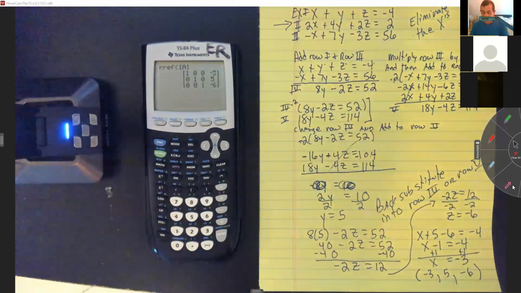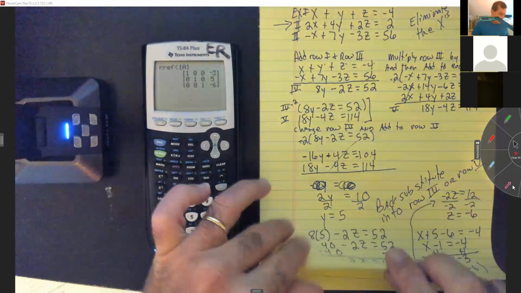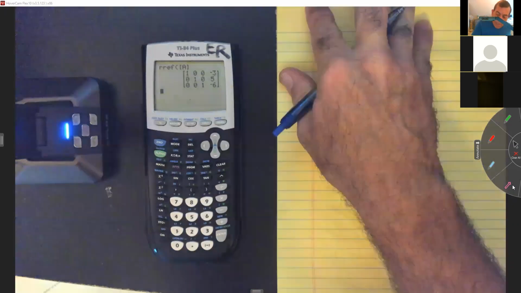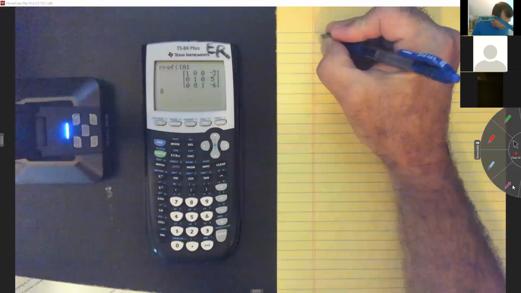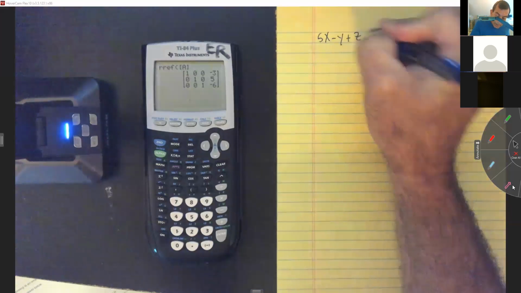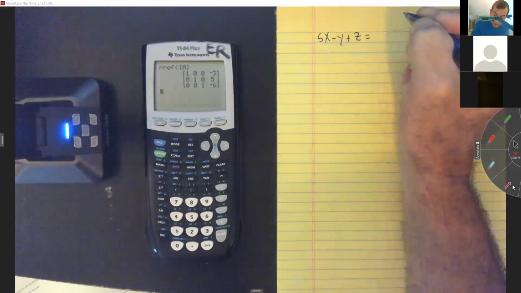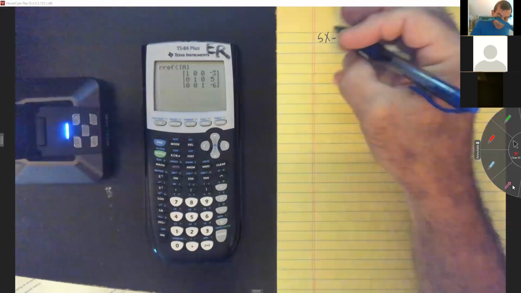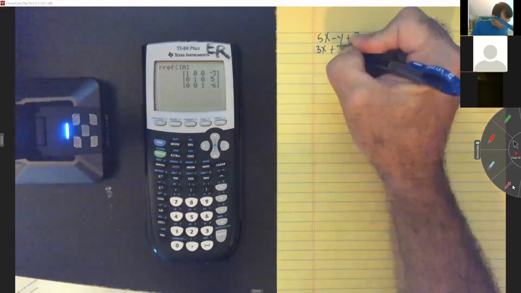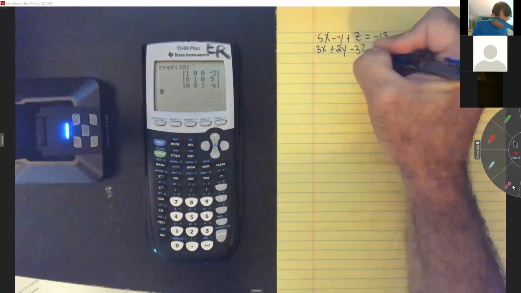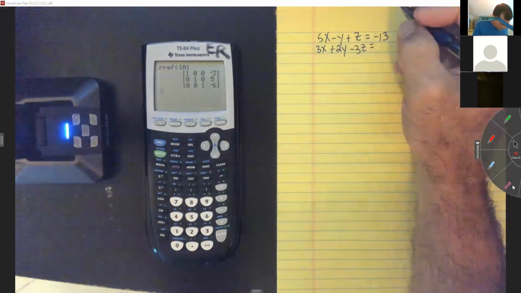All right, y'all, so next problem. How about 5x minus a y plus a z is going to equal -13. 3x plus 2y minus 3z is going to equal -16.